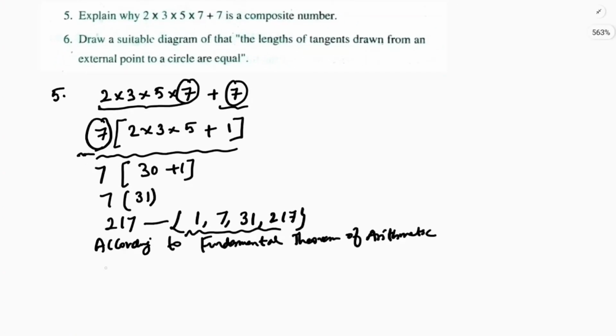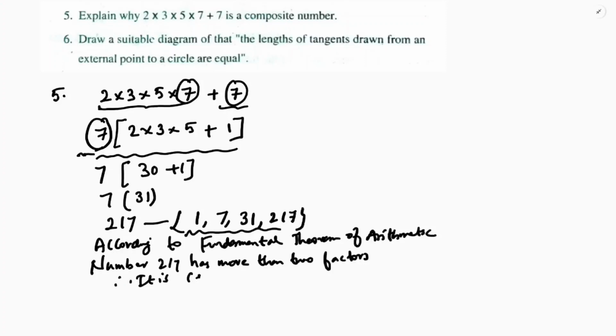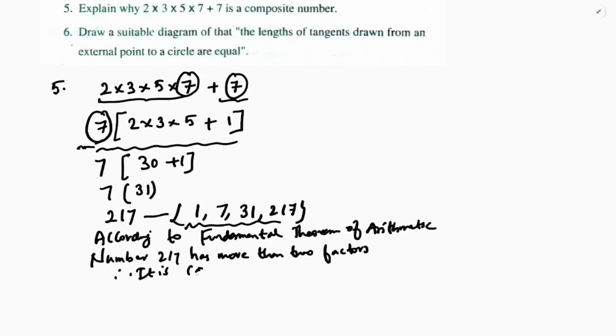Number 217 has more than 2 factors, therefore it is composite. Because if you have exactly 2 factors, that is prime. So more than 2 factors is composite.